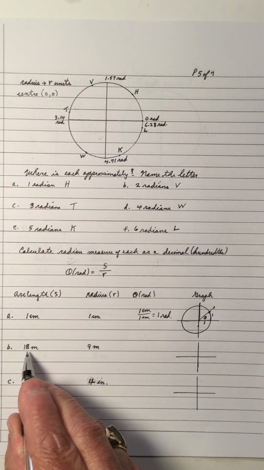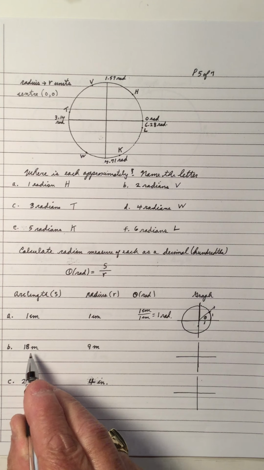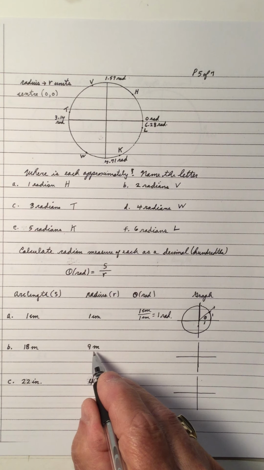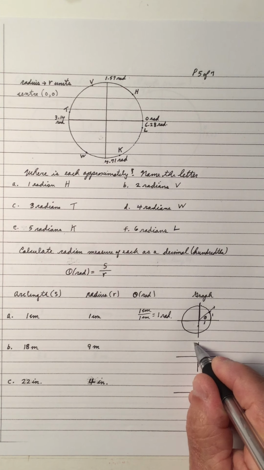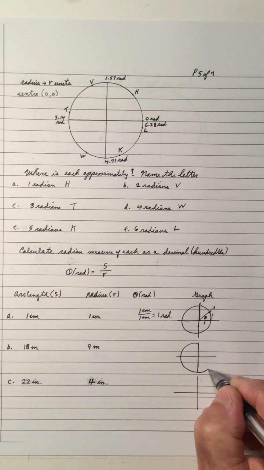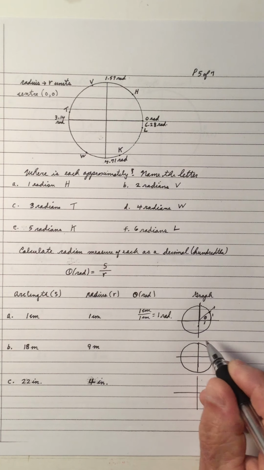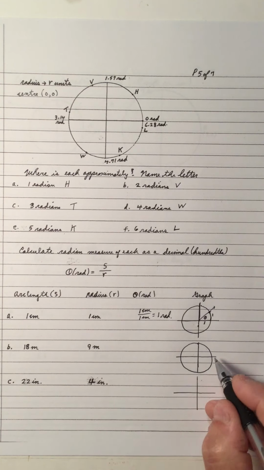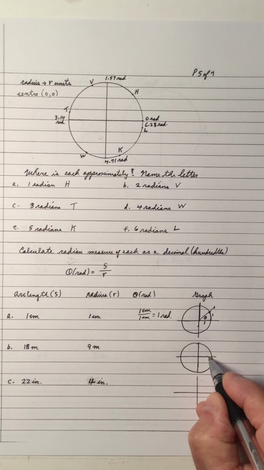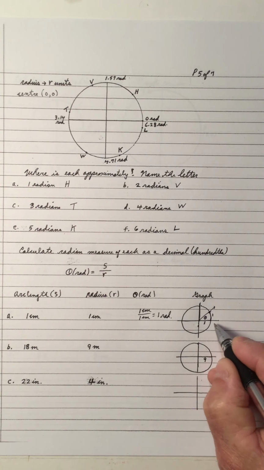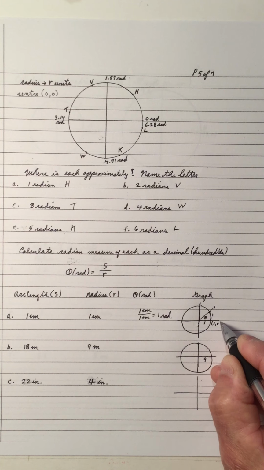B, we have a circle with an arc length of 18 meters and a radius of 9 meters. So again, I'm going to draw another circle. It's not drawn exactly to proportion, as you can see. If the radius is 1, this point is 1, 0.